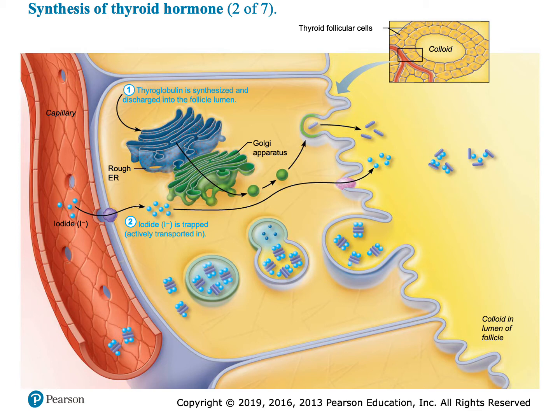Okay, so we also have iodine coming in. This is a blood capillary that's passing by the follicular cell. The iodine comes in, just passes on through, goes right out into the colloid, and is going to find a thyroglobulin molecule, and it's going to bind up like this.